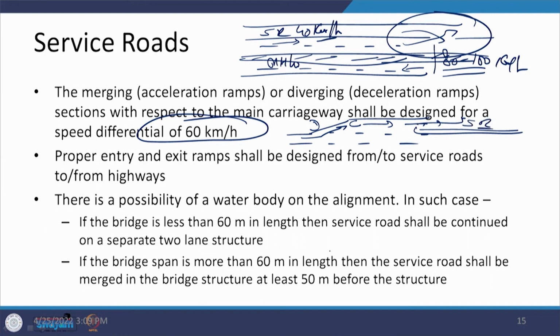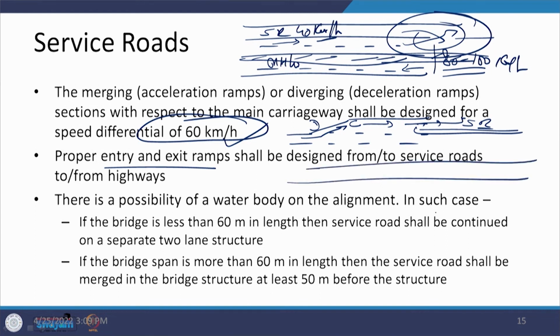And the same thing may happen when you are coming out of and getting into a particular system here, maybe like the one which is being defined. So, proper entry and exit ramps need to be designed, and when we are designing that, we will take care of this differential.